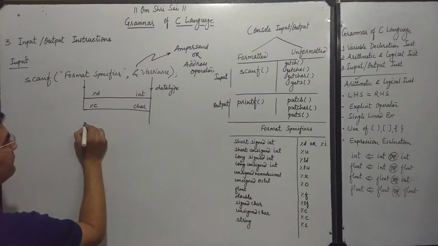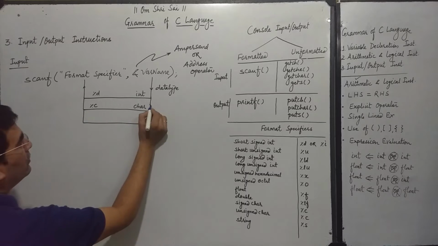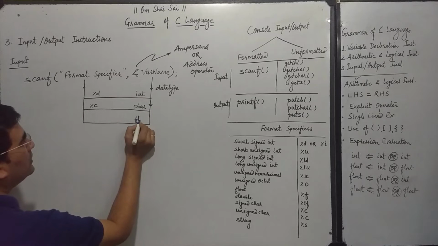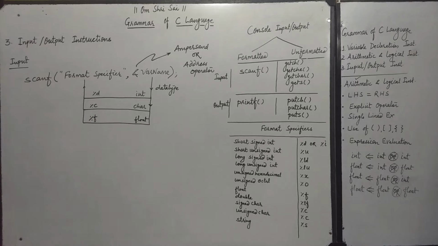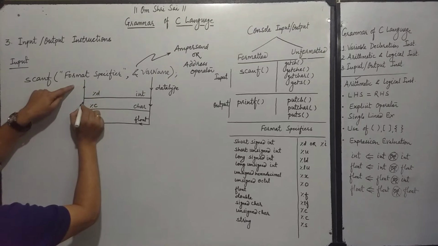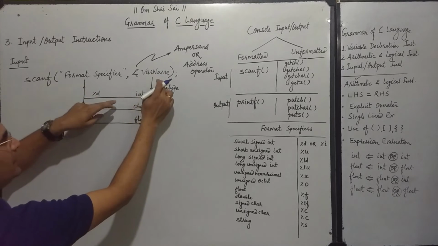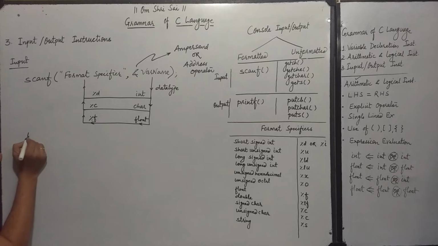If the type of variable is float type, then the format specifier will be %f. In all, we can say that the format specifier depends upon the type of variable for which we are going to scan the value. So now again take the example of an integer variable.